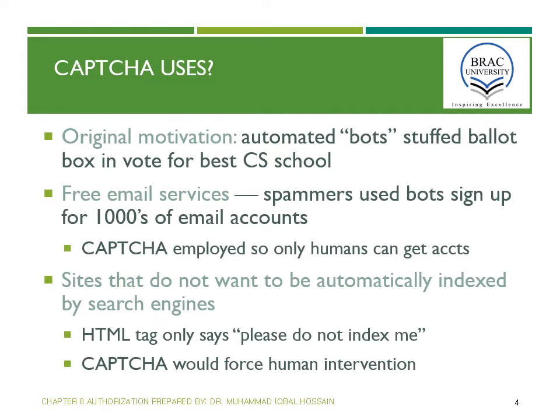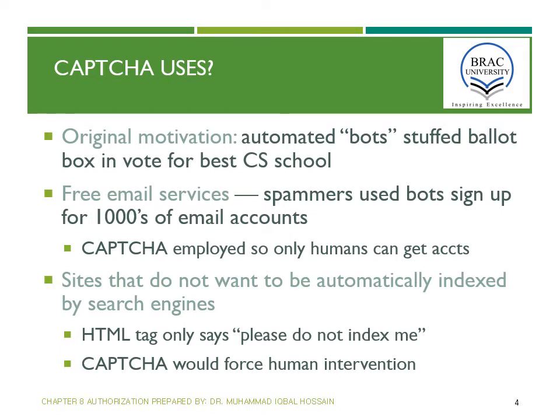What happens is that some intruder or hacker creates a bot or runs a script in a system. Suppose for creating new accounts, they create bots that automatically create accounts, like in free email services.